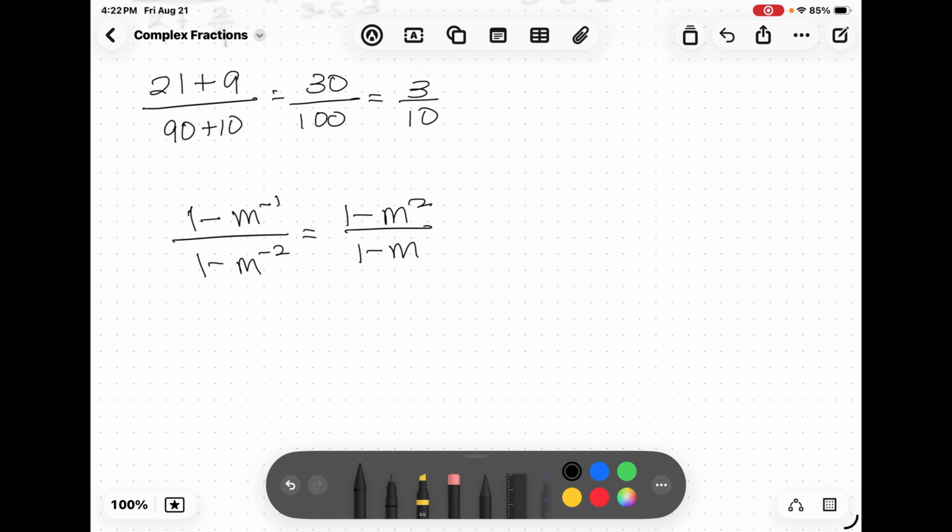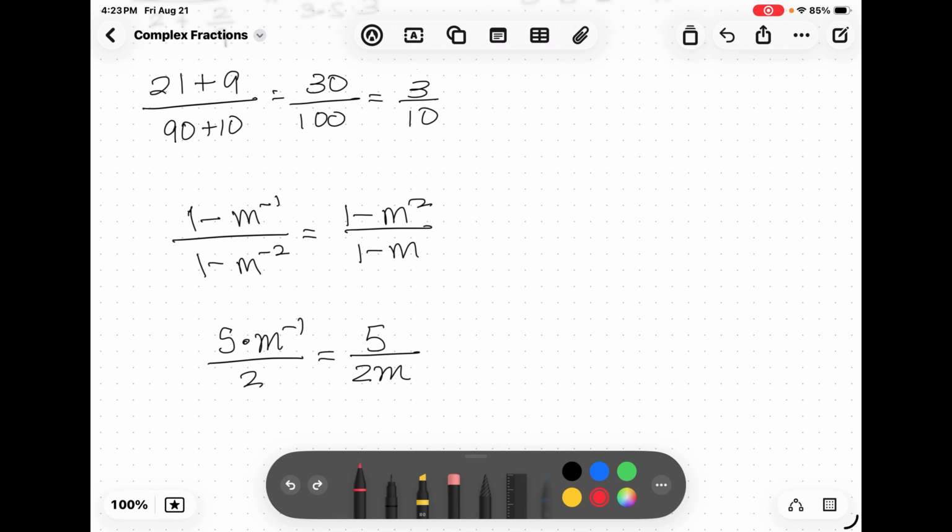If I had, say, 5 times m to the negative 1 over 2, there I could say that's equal to 5 over 2m. See, so people understand that the negative exponent means reciprocal, and I can move that across the fraction bar. Someone might understand that.